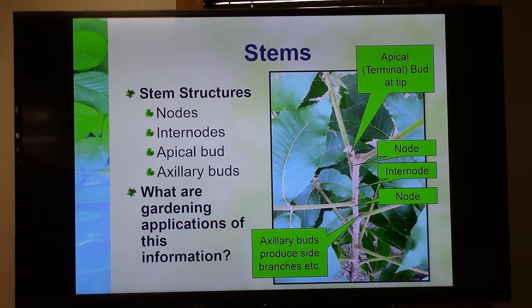When you are making cuttings, you might have been taught that the part you stick under the ground needs to have a node buried, because some plants have to have that in order to form any new roots.